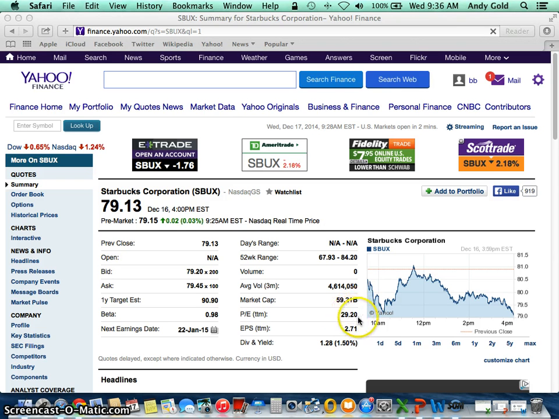The price-earnings ratio here is 29.2 times earnings. That means that the stock price is selling at 29 times its earnings per share. See earnings per share here? How can we confirm that?